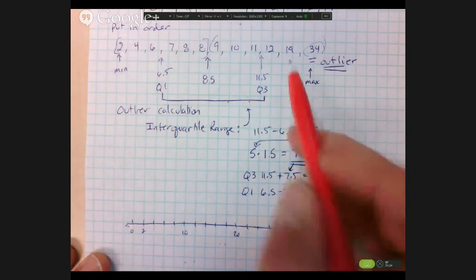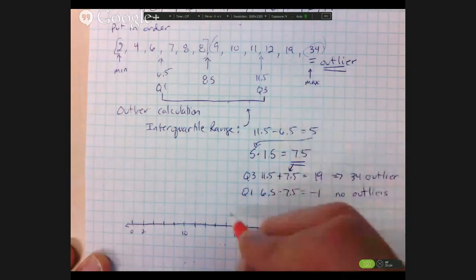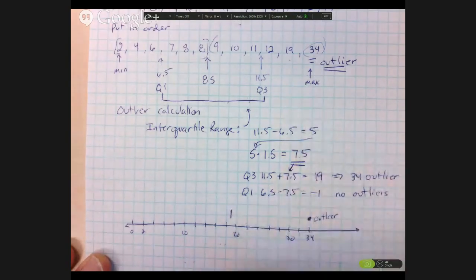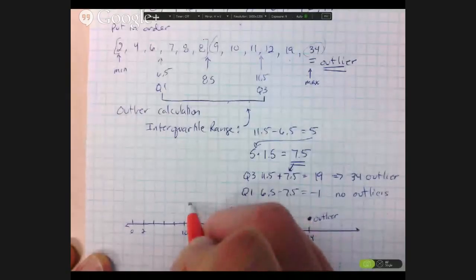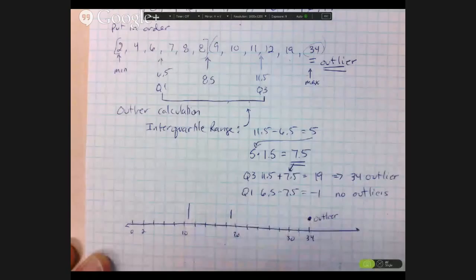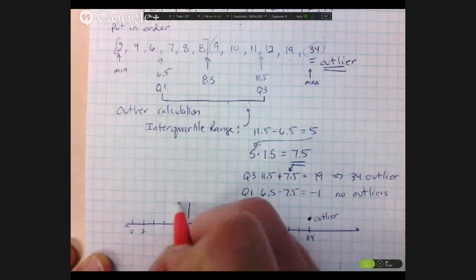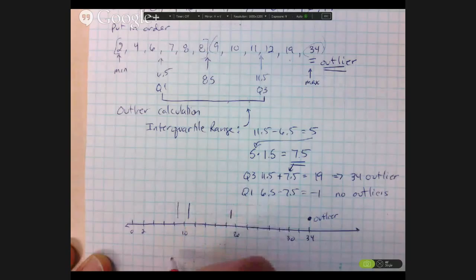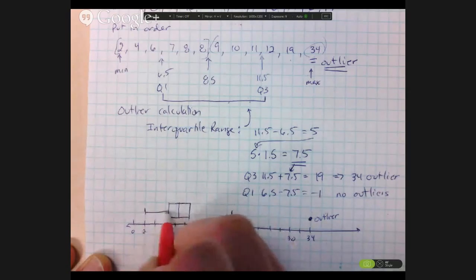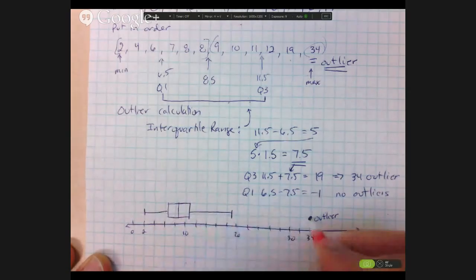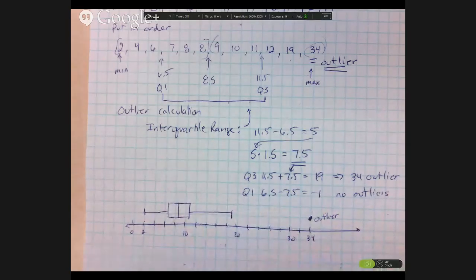And then 19 becomes our max. So that's going to be right here. Eleven and a half, quartile 3, 8.5, quartile 2, 6.5, to our box, and then 2. There you go. You have your box and whisker plot.